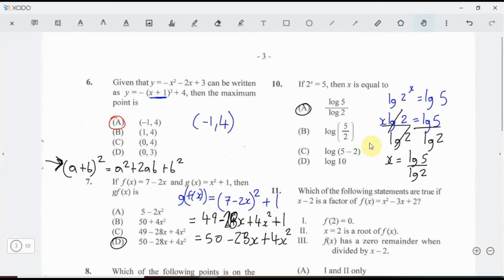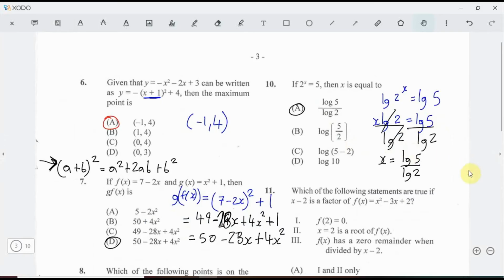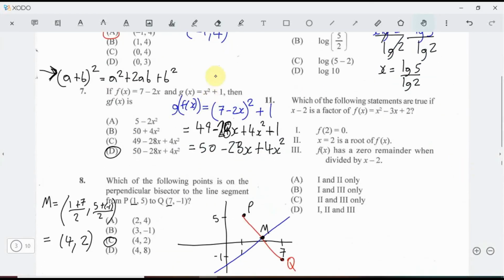Nice. Question 11. It says, which of the following statements are true if x minus 2 is a factor of f of x equals x squared minus 3x plus 2? Now, if x minus 2 is a factor, then when you set x minus 2 equals 0, you get x equals 2.